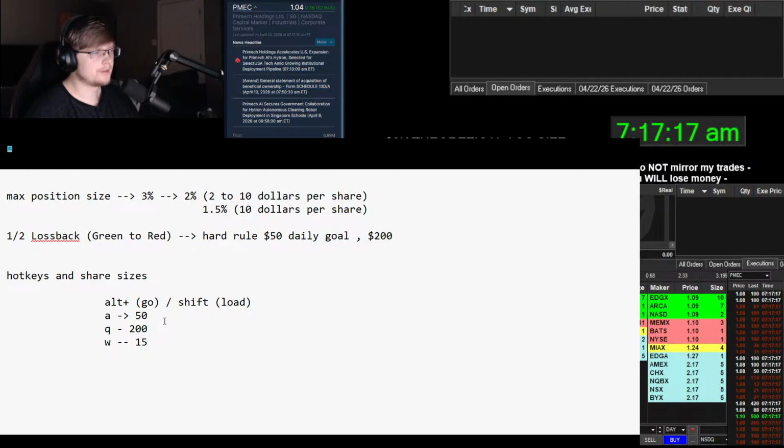Or 200 shares, right? So 50 is quarter of 200. So if I want to get in with quarter size, I press the button once. If I want to get in with half size, I press the button twice. And maximum position size is 4 button presses.